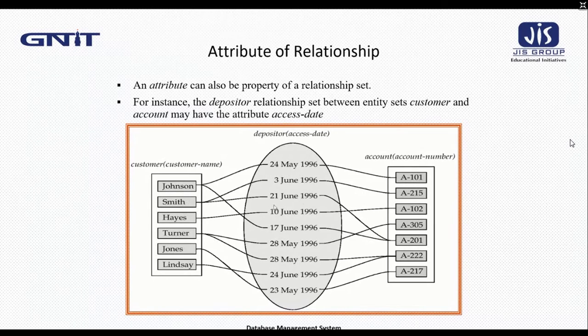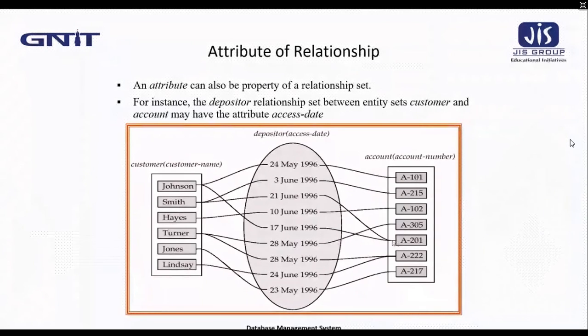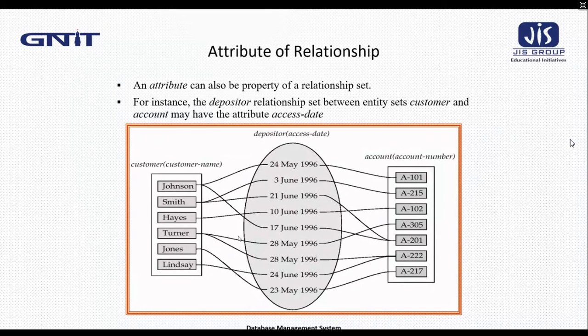So one customer may access different accounts on different dates, and also an account, for example A201, is accessed by Johnson on 17th June, and accessed by Smith on 21st June.